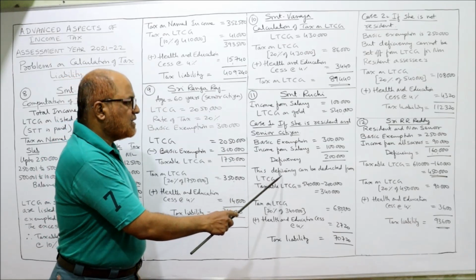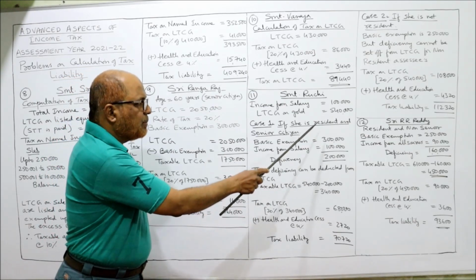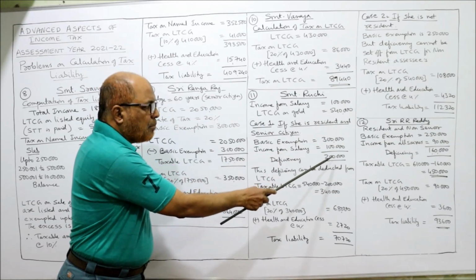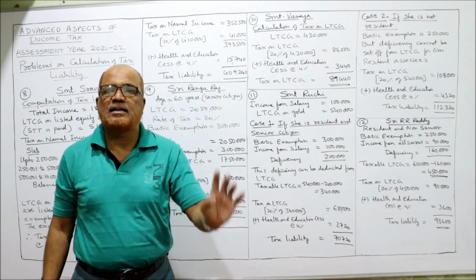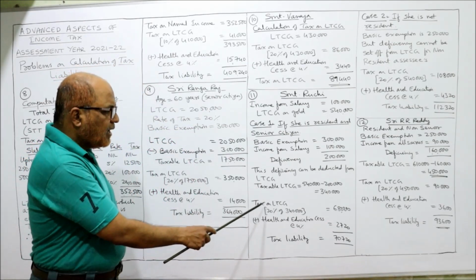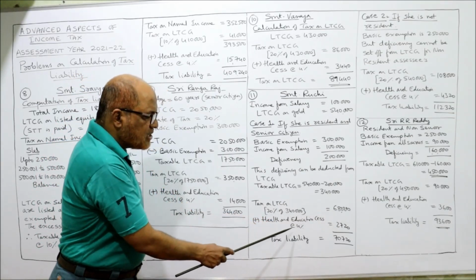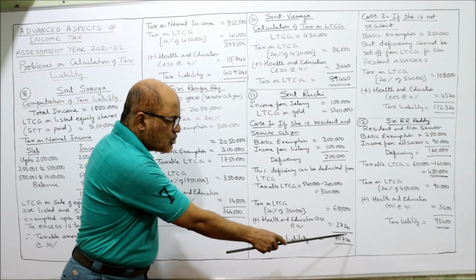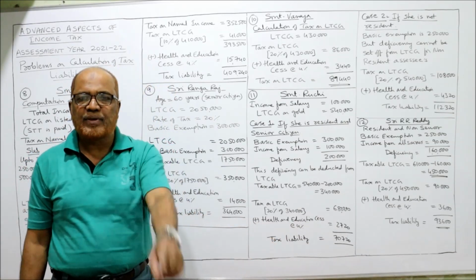So here this deficiency can be deducted from LTCG. So taxable LTCG will be 5,40,000 minus 2 lakh. So 3,40,000 is the taxable LTCG, on which 20% is the rate of tax. Tax on LTCG 20% of 3,40,000, 68,000. Health and education cess 4%, 2,720, 70,720 is the tax liability in situation 1.